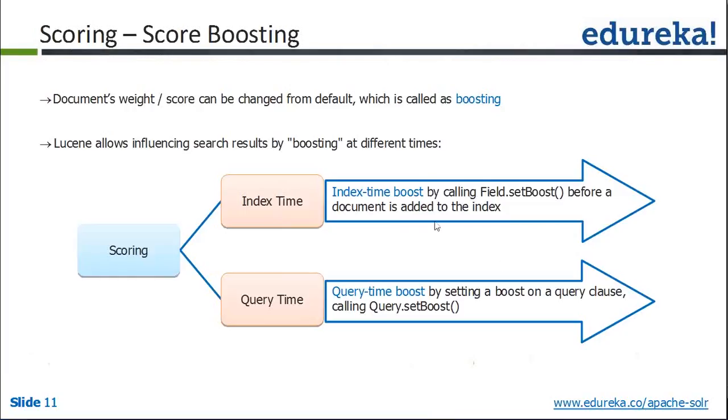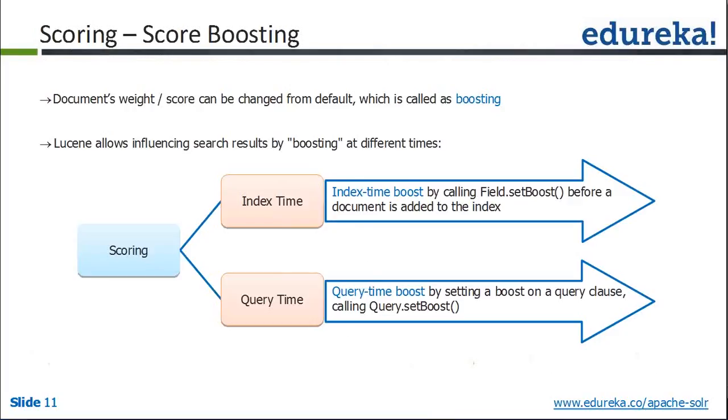We can apply that on each of the fields which have data pertaining to some set, because generally we would have a criterion on which we boost the documents. So the document is going to be boosted when the fields contained in that document are boosted. This can be controlled at the time of indexing.